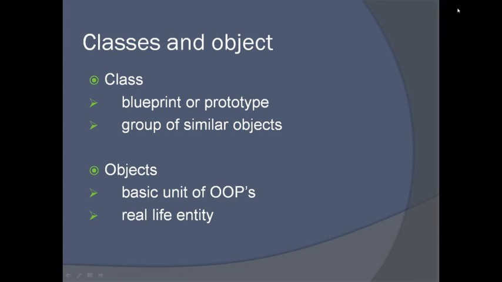An object is a basic unit of object-oriented programming which represents a real-life entity. An entity can be anything which has a state, a behavior, and an identity. The object in the program can either be a logical entity or a physical entity, depending on the programmer's choice.